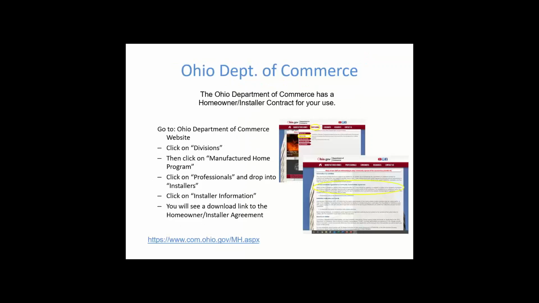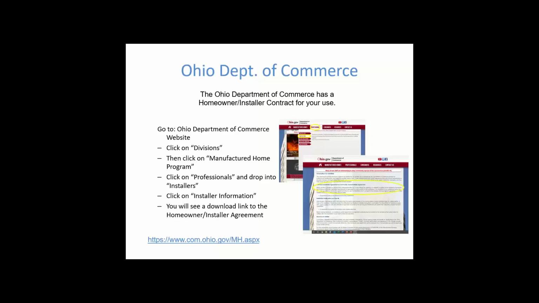And there is a home installer contract that the Ohio Department of Commerce has generously put together. So if you're in the field and you haven't thought to download this or print one of these contracts out, you can do what I suggested before and write it on a piece of paper. Even the back of your bid proposal can become a contract if you put your basics out. I do encourage you to obtain the homeowner installer contract.